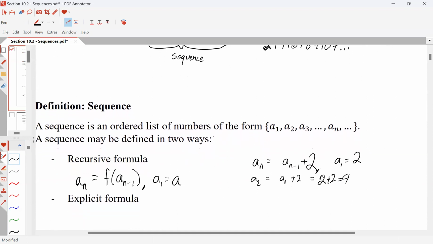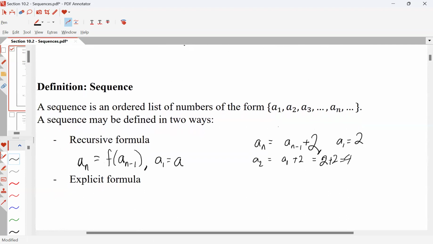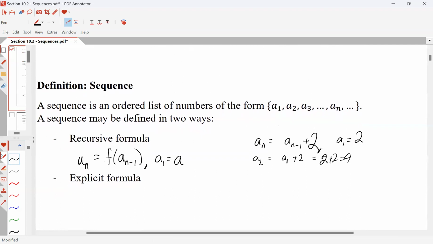An explicit formula is very much like we think of regular functions, where typically with a function, say y equals f of x, we'd say, oh, my input at x equals 3, we'd plug 3 in and get our output. That is what an explicit formula does, but n is now our input, and our output is a sub n.